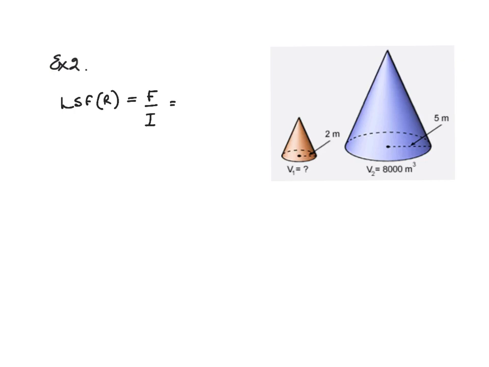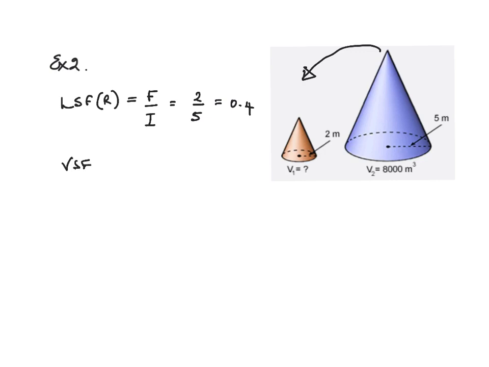So if it's reduction, we're going from the larger shape to the smaller shape. The final then will be 2, and the initial will be 5. Now we can't do anything with that, 2 over 5. I suppose we could write it as 2 divided by 5 is 0.4. We can use either of those numbers, the fraction or the decimal.